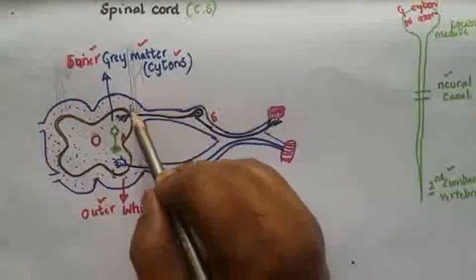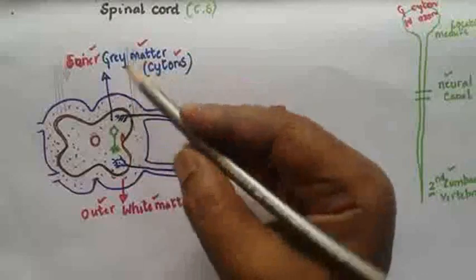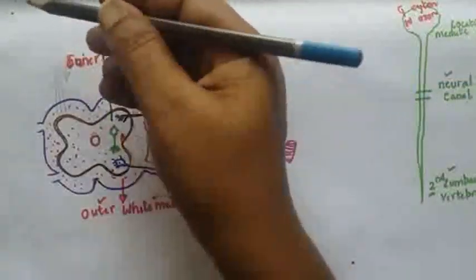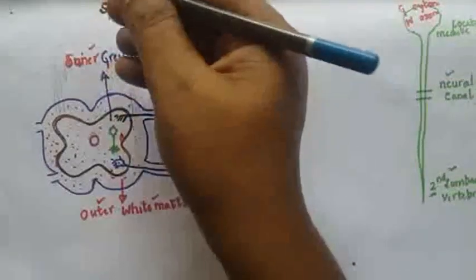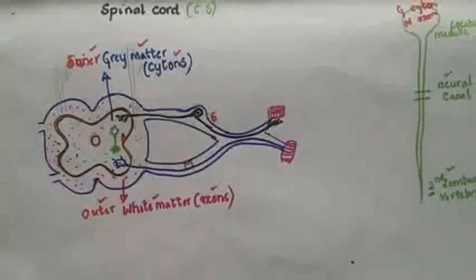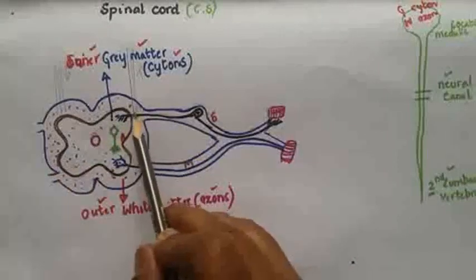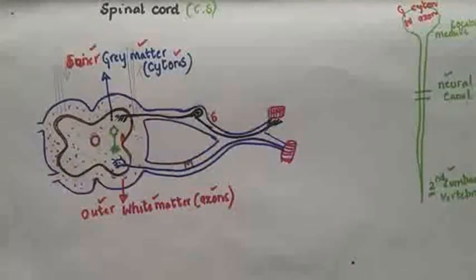In the white region we find the axons which are longitudinally moving towards the brain and moving away from the brain towards the spinal cord. Along with that, axons from one side may cross to the other side, due to which we find the outer region white in color because of these axons.